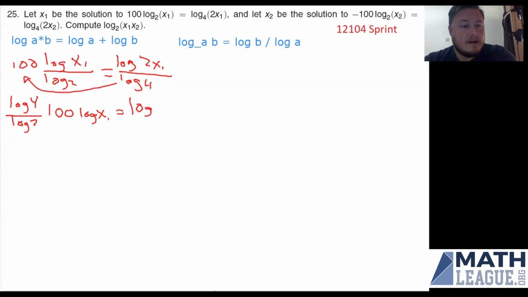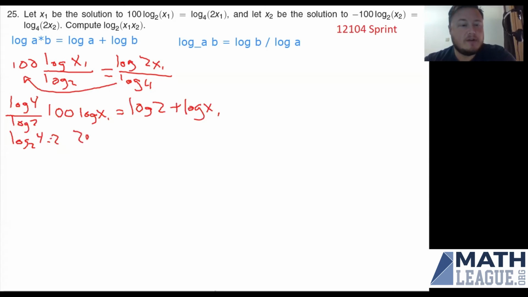Log of 2x1 is going to be log of 2 plus log of x1. Log of 4 over log of 2, that's going to be the same thing as log base 2 of 4, which is just 2. So I've got 2 times 100 times log x1.